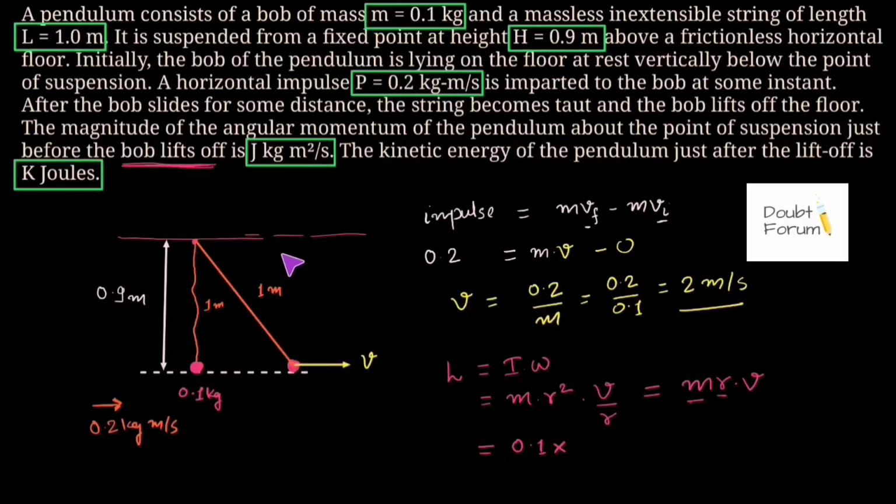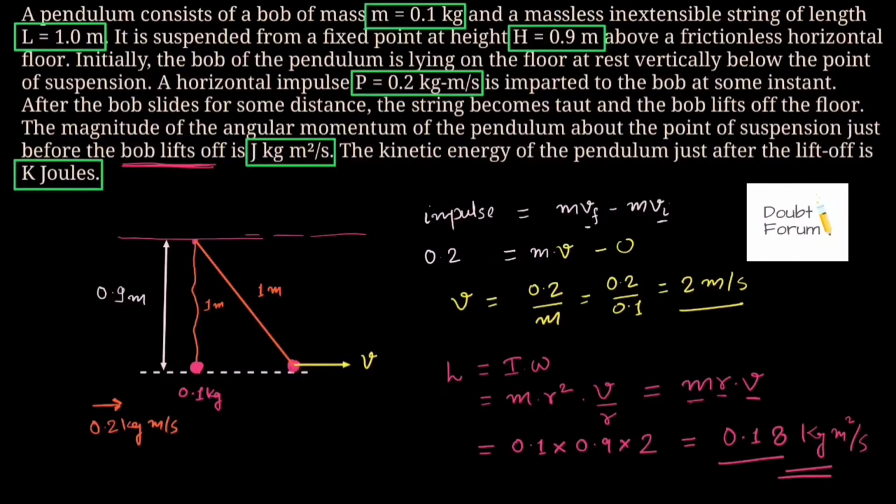So the perpendicular distance from this axis of rotation to this bob is 0.9 meter. So this would be equal to 0.9 into v. V is the velocity and its magnitude is 2 meter per second. So from here, the value of angular momentum would come out to be 0.18 and the unit is kilogram meter square per second.